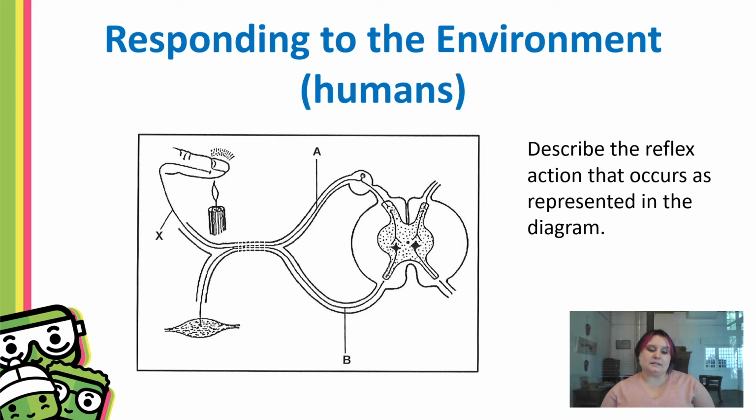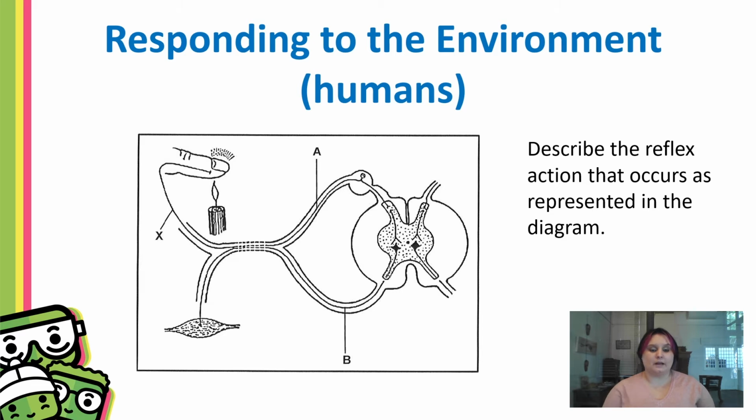So what happens in this diagram, let's talk through it. We start off with the finger being held over the candle with the flame. And so we all know what's going to happen. Your finger's going to get burnt if you hold it there for too long. But now we've got our reflex actions which prevent that from happening.